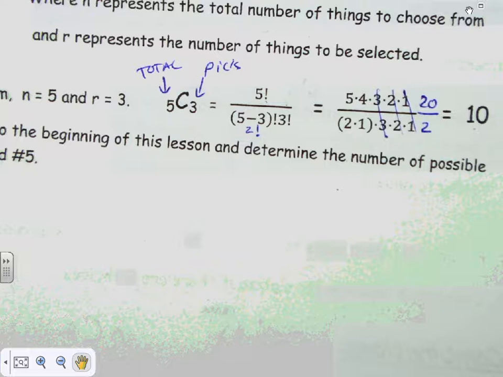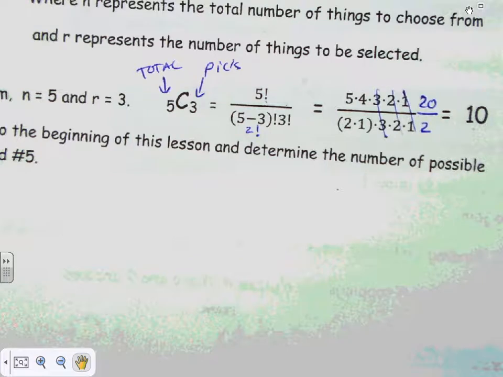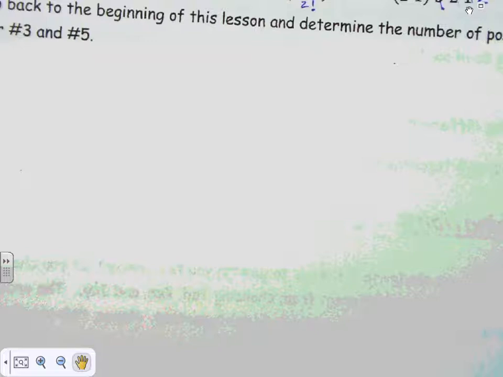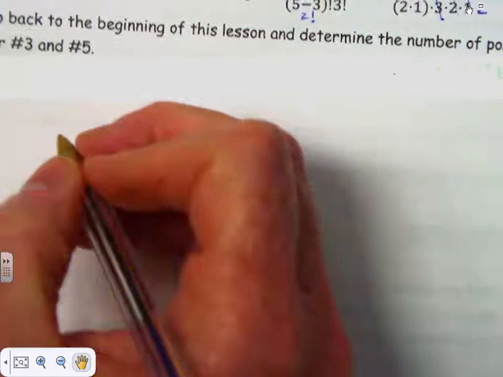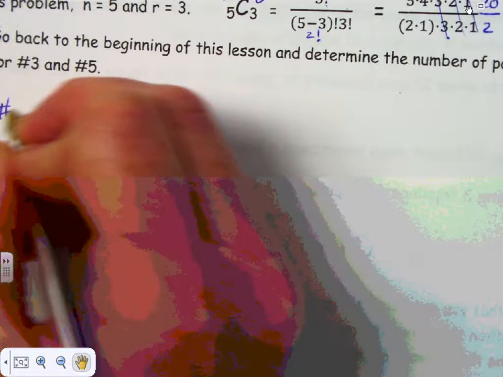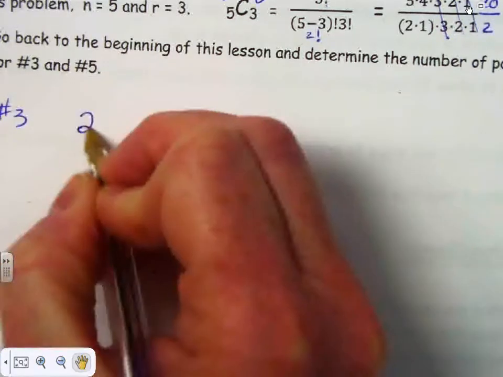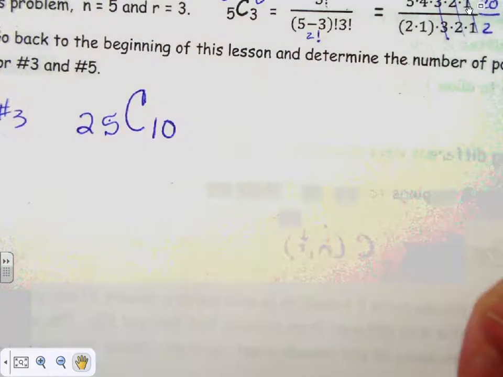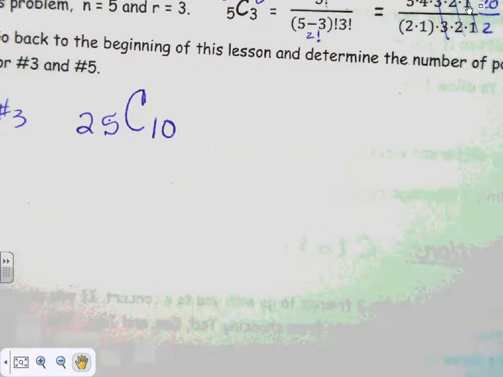Problem 3 was when I was voting to allow 10 new members to join a club, but there are 25 people who would like to join. So how many total do I have to choose from? I have 25 total to choose from. But how many can I pick? 10. So that's what it would look like if you were to set it up.